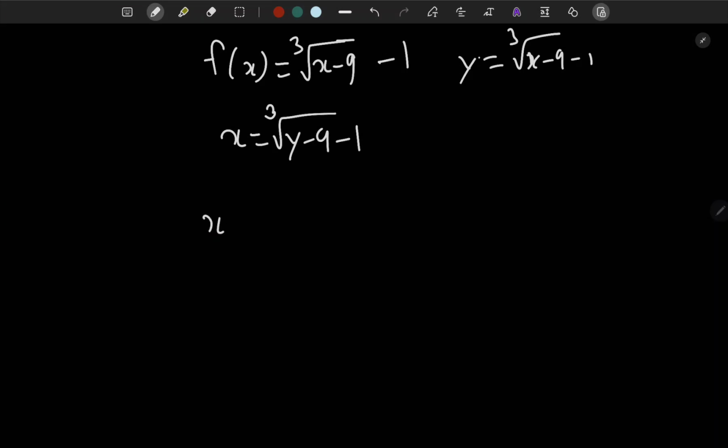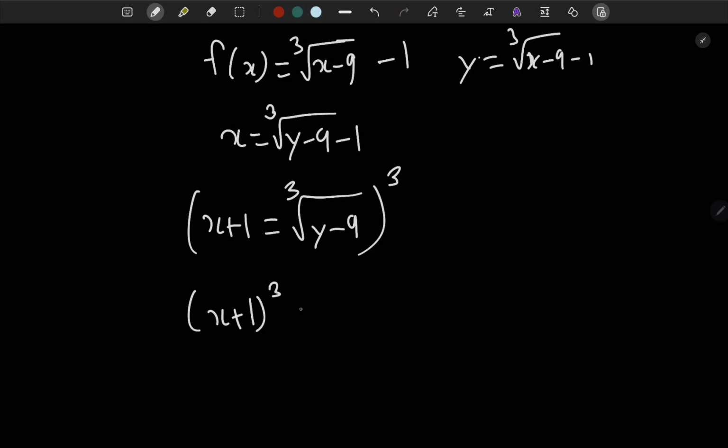So it's going to become x plus 1 is equal to the cube root of y minus 9, and now we can cube both sides to get rid of this. What I mean is to the power of 3, so we can get rid of the cube root, and that will become (x plus 1) to the power of 3 is equal to y minus 9, and we can bring 9 to the other side, so it becomes y is equal to (x plus 1) cubed plus 9.